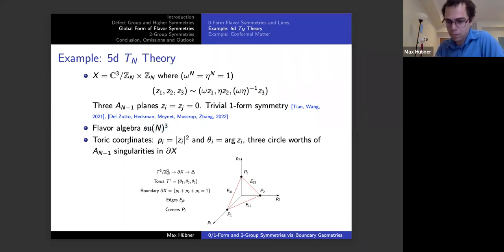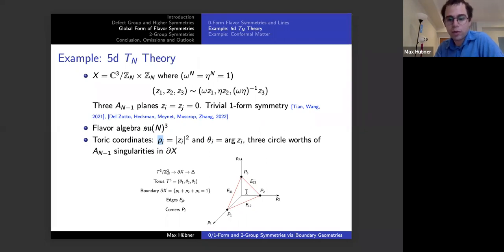So it's convenient to now reparameterize the problem in terms of toric coordinates. So let me introduce them here. We have the radii, rho i. We have the arguments, theta i. And parameterizing C3 with respect to these, we represent C3 as a T3 fibration over this positive octant.